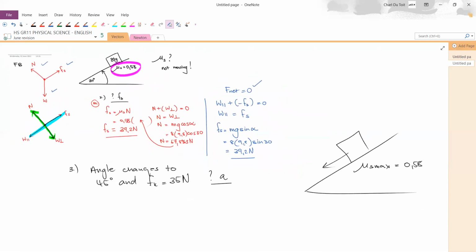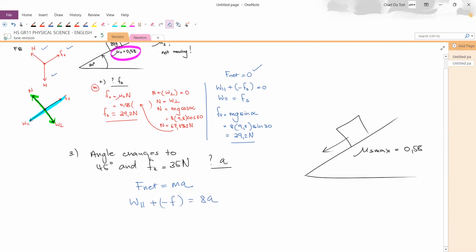You can still use F net equals MA, right? Yes, you can still use F net equals MA. Now you still have that same W parallel force plus negative friction we've got now, and that is 8A. So that's not difficult then.